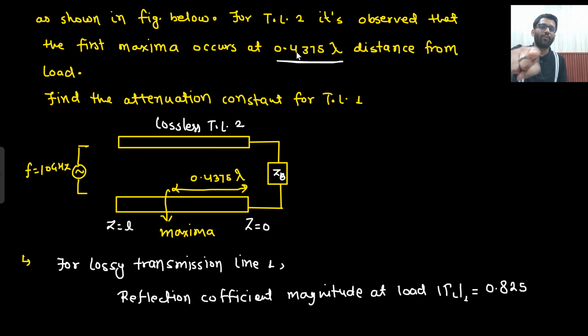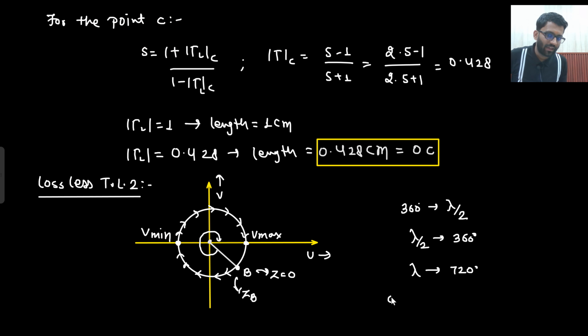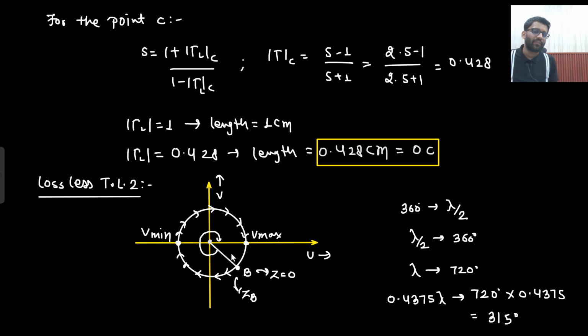If I have worked for 0.4375 lambda, how much angle have I covered? 720 degree into 0.4375. So what will I get? 315 degree. So this particular angle is 315 degree. So what is this angle? 45 degree, minus 45 degree. This angle is minus 45 degree.